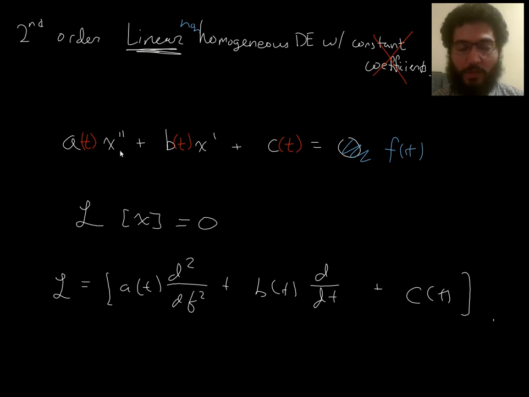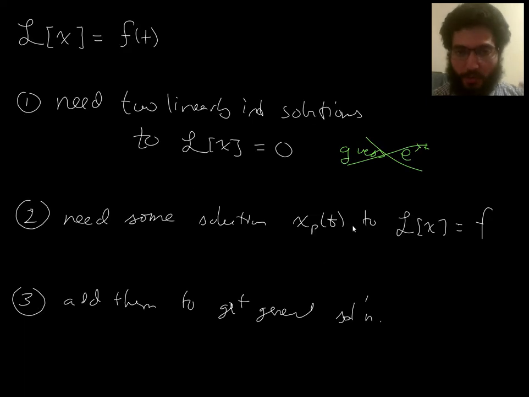Remember, that allowed us to get a polynomial for lambda, which, after you cancel the common e to the lambda t term, gives an equation for lambda that has no t's in it. If your equation has t's in it, then there's probably no way to choose one lambda that makes the equation true for all t. So this kind of guess is not going to work.